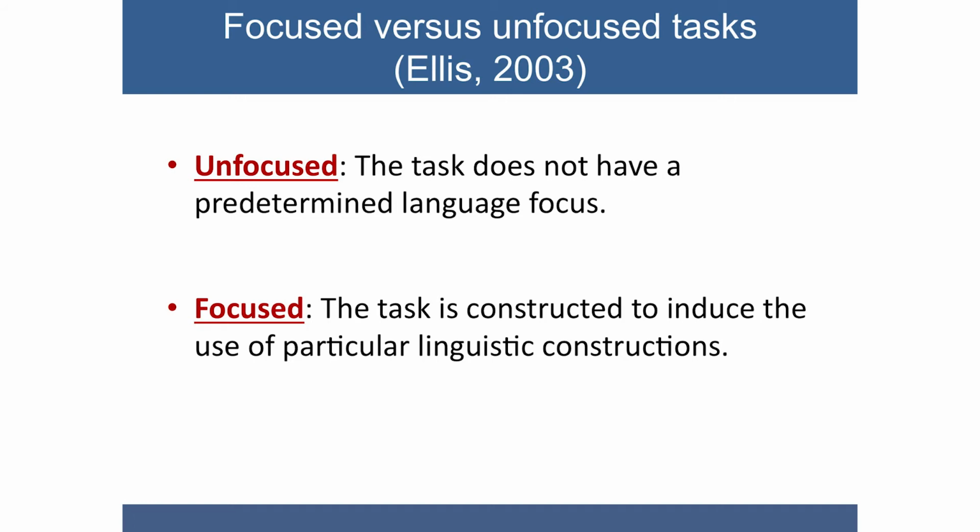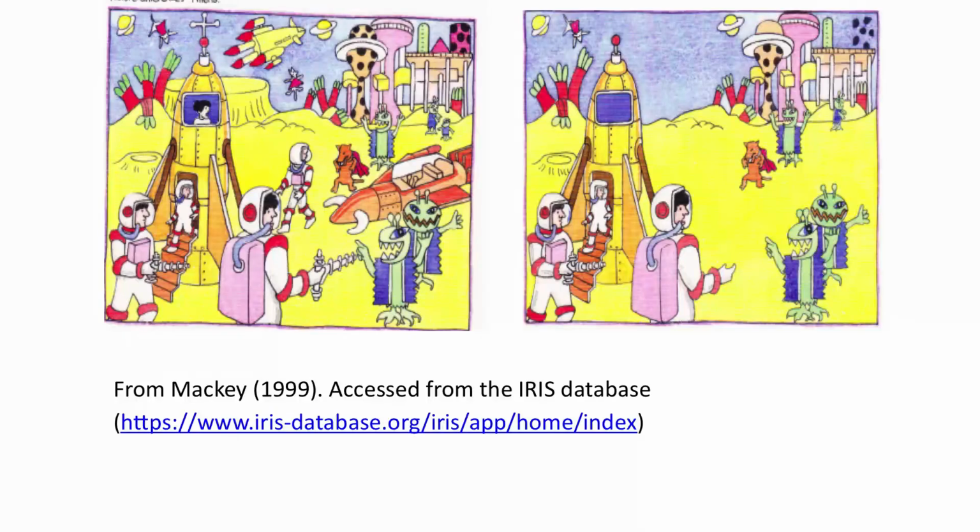The terms focused and unfocused tasks were coined by Rod Ellis, and they denote whether or not a task is designed to elicit a specific linguistic feature. Unfocused tasks do not have a predetermined language focus, whereas focused tasks are constructed to induce the use of particular linguistic constructions. For example, we can categorize the spot the difference task with aliens as a focused task.